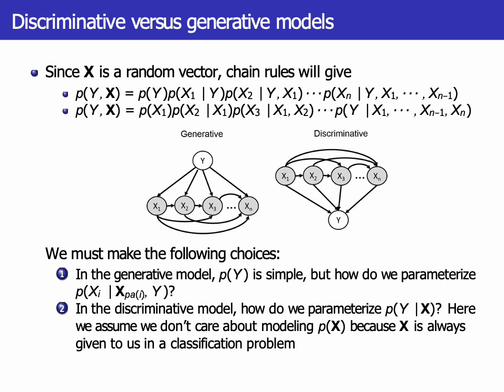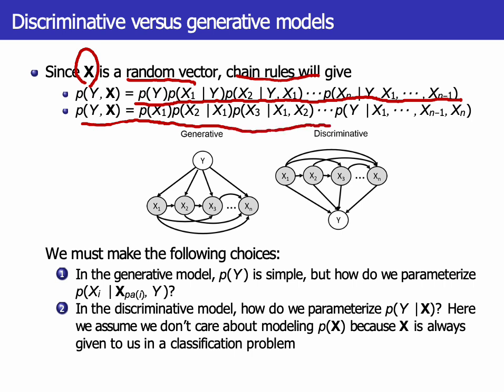Since x is training data or a random vector, the chain rule will give you p(y, x) to be p(y) p(x1 | y) p(x2 | y, x1) up to p(xn | y, x1, ..., xn-1). Also p(x1) p(x2 | x1) and so on, up to p(xn | x1 ... xn-1) p(y | x). Okay, this is just a chain rule.